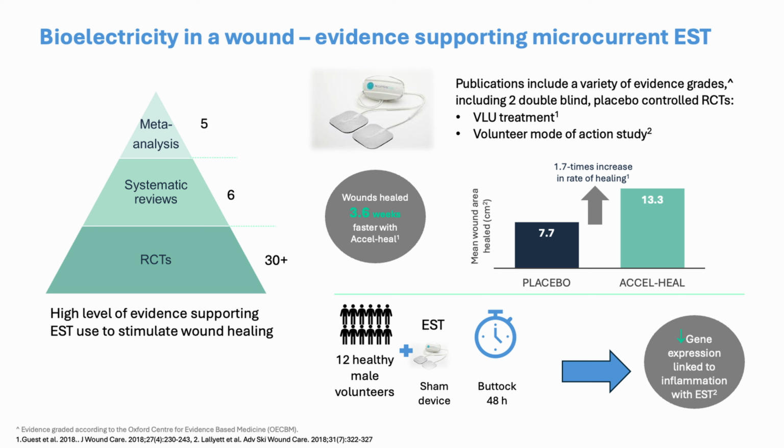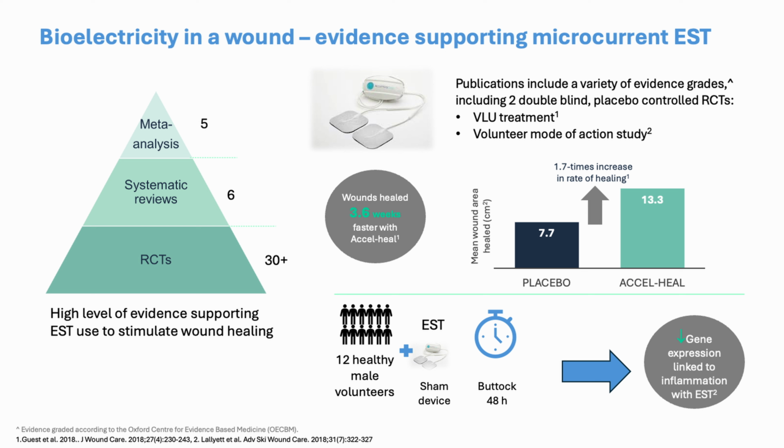In addition, there's a second RCT, and this is a healthy volunteer study using 12 healthy males, where again, electrical stimulation therapy with Accel Heal was compared with a sham, so a product that didn't deliver the electrical stimulation therapy, on each side of the buttock of these healthy volunteers.